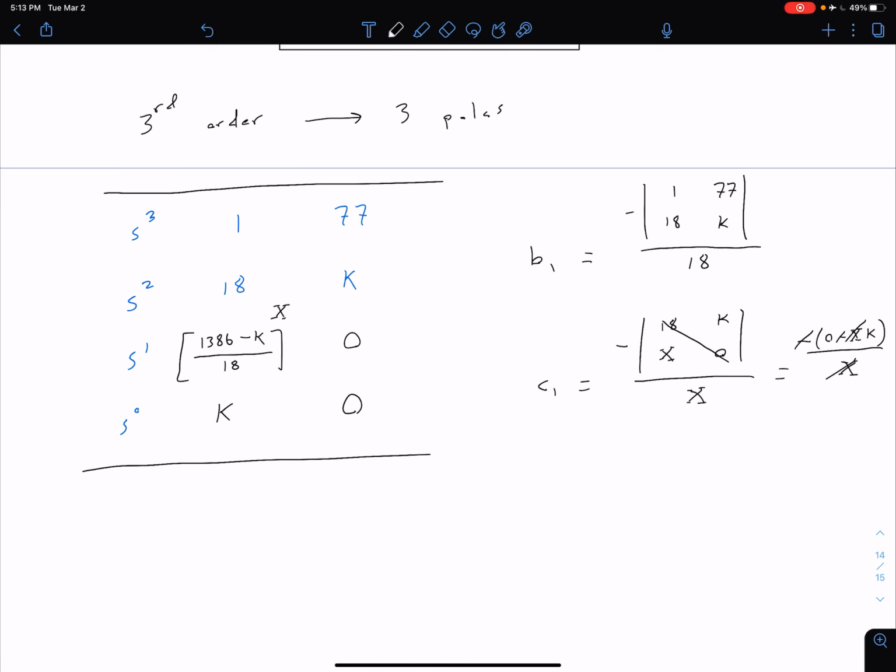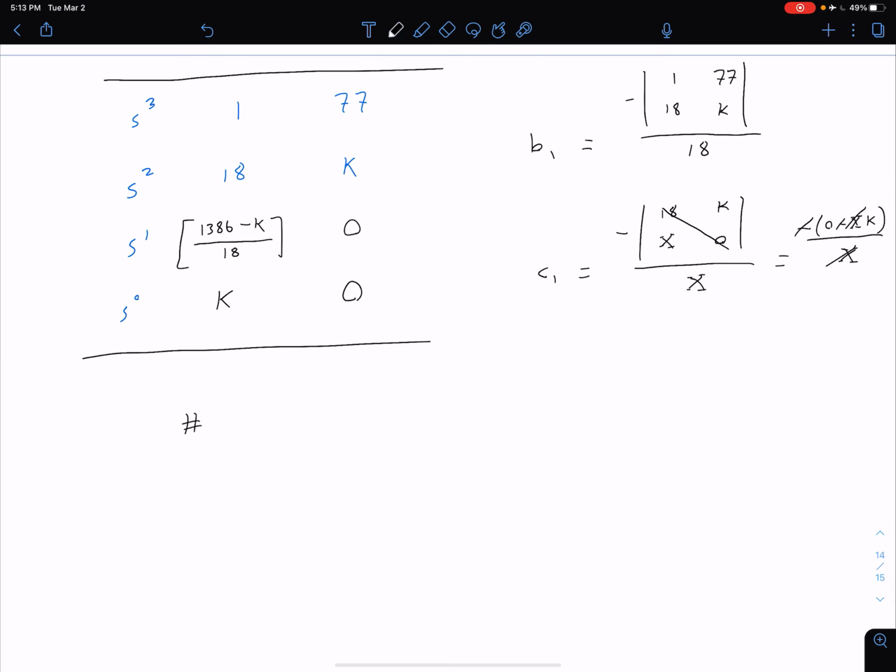Okay, so now we have this Routh table. So let me get rid of that x there. Now we have this Routh table, but we don't have numerical values. So remember though, what we're looking at as we're interpreting this Routh table is the number of sign changes. And the number of sign changes is equal to the number of poles in the right half plane.